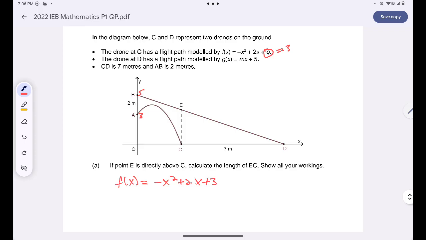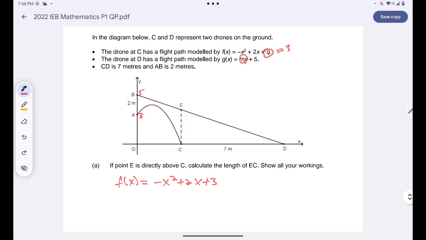If E is a point directly above C, calculate the length of EC. They want us to find the vertical distance between the two graphs. That simply means you must just take the top graph minus the bottom graph. But how can we do that, because we don't know the value of m?